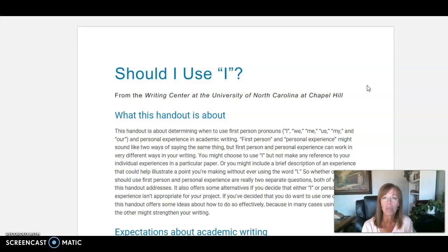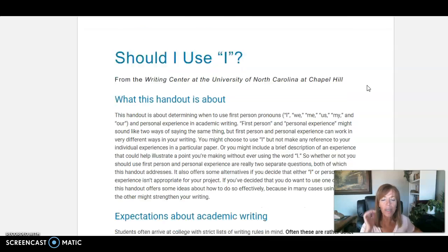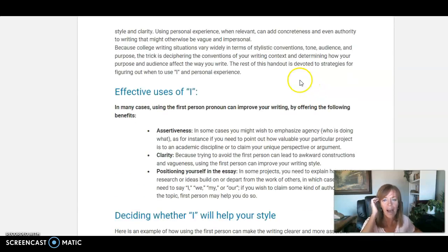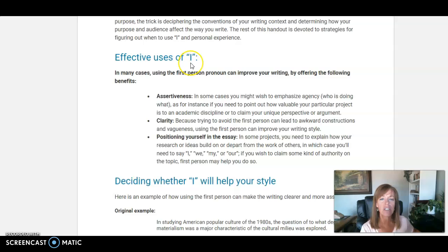There are so many opportunities where writing in first person for college papers is appropriate, but there are other times when even in one paper there are certain sections where it is appropriate and certain sections where it is not. So read over this, and the one thing that I wanted to point out is the effective uses of I in this type of paper.